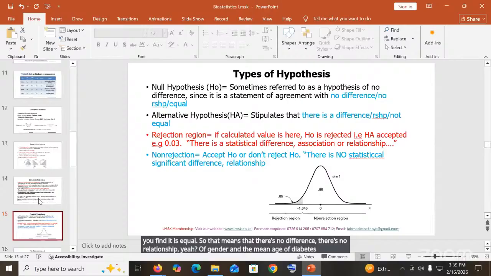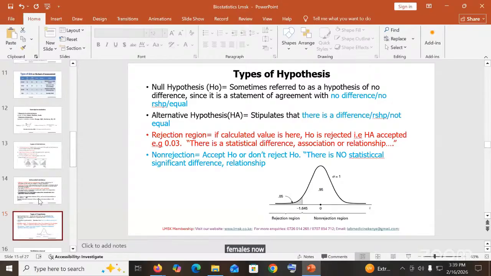Or maybe you find that the mean age of diabetes is higher among males than females. That will mean something: males have an advanced age before they develop diabetes compared to females. Or maybe females get diabetes at an early age and have a risk of getting diabetes early.